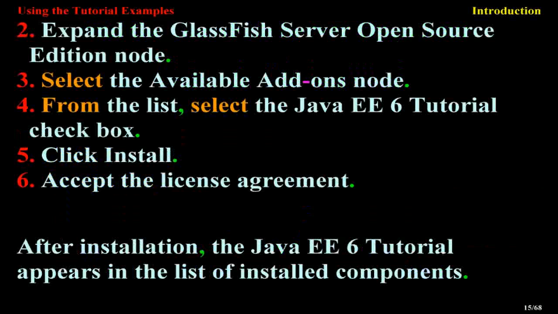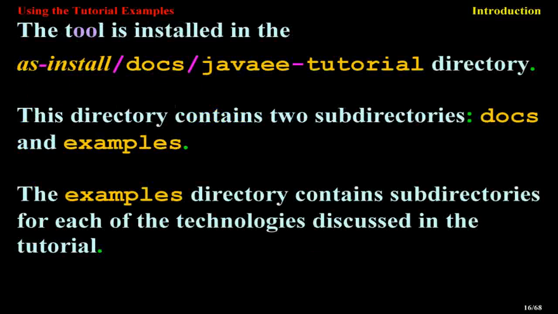Select the Available Add-ons node. From the list, select the Java EE 6 Tutorial checkbox. Click Install. Accept the license agreement. After installation, the Java EE 6 Tutorial appears in the list of installed components. The tool is installed in the as-install/docs/javaee-tutorial directory.